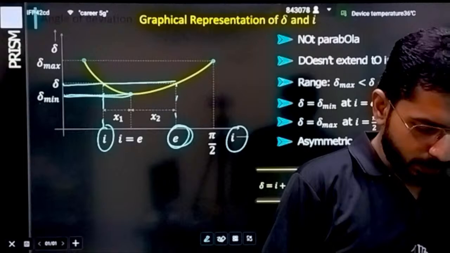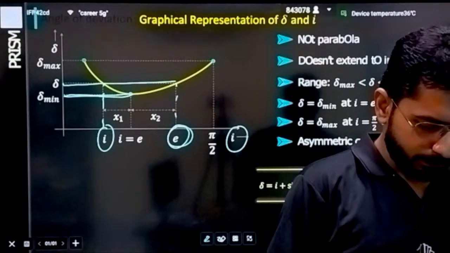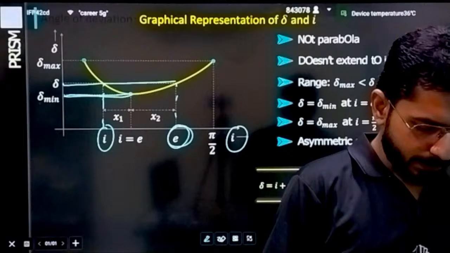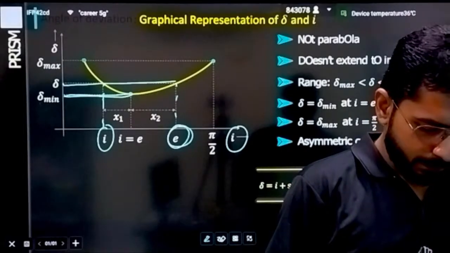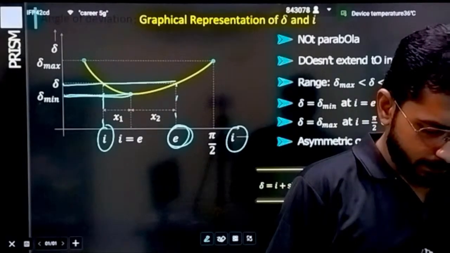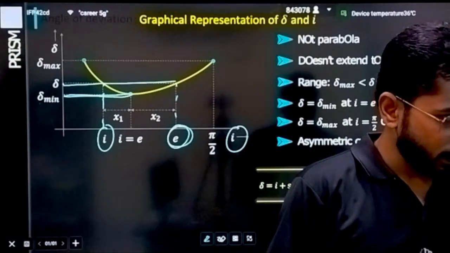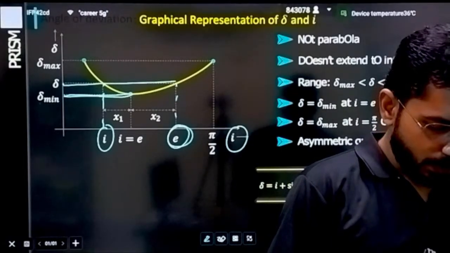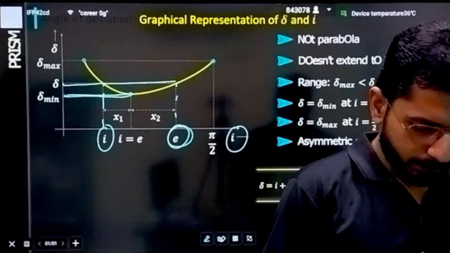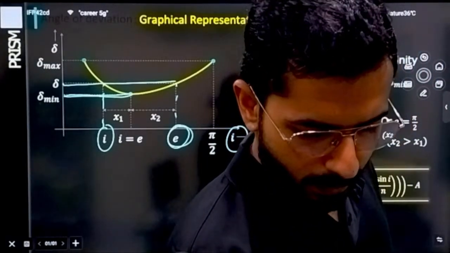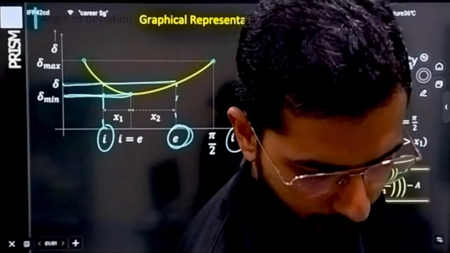Is it streaming properly or not? Or is there any lag? Tell me in the comment section if it is clearly visible. I think it should be clearly visible.